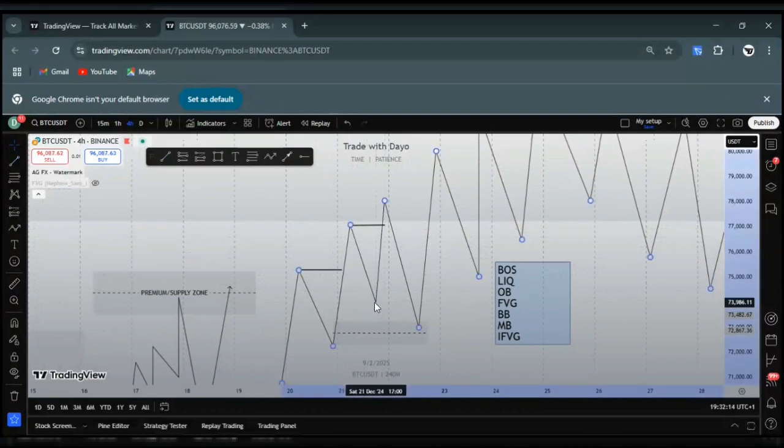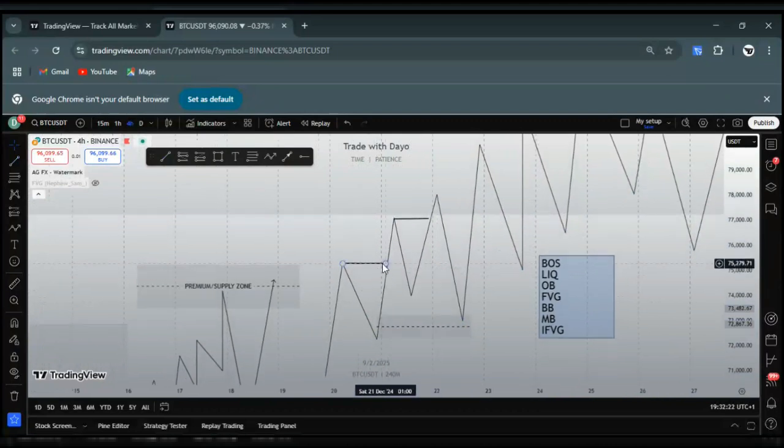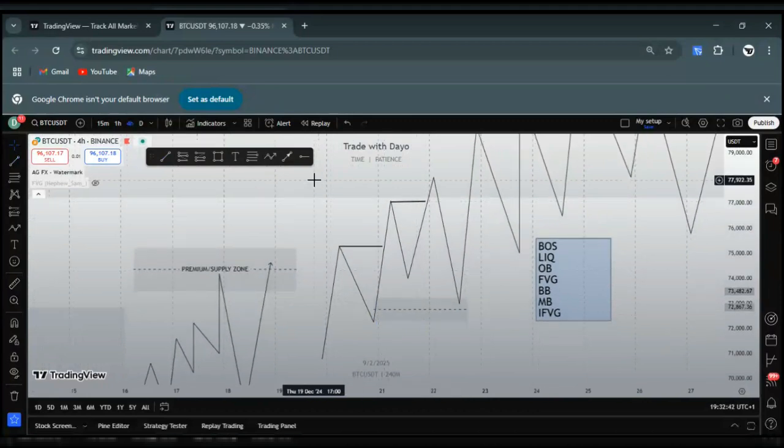Just note that when the market breaks the first structure, it's expected that there should be a pullback or reversal. So when this reversal occurs and it doesn't tap into your order block or your discount zone or your demand zone, then it's a plus for you. It's a good sign.